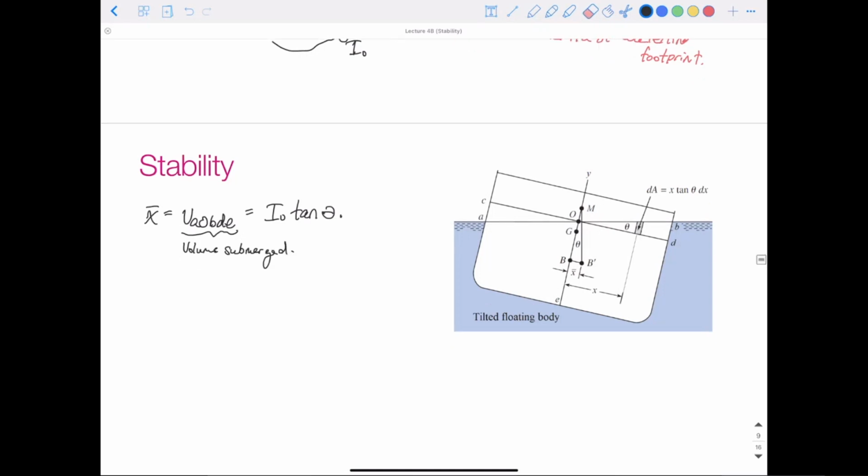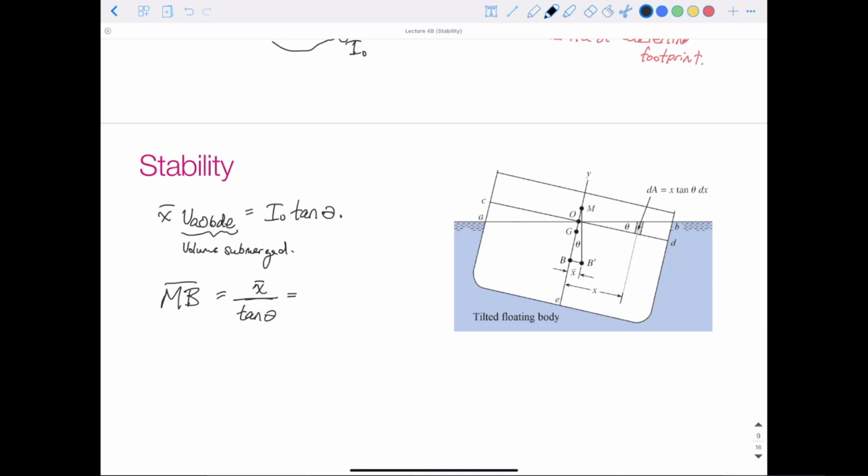Whoops, it's not equals, it's times. So we can say the line from M to B is equal to x bar over tan theta. I'll draw this bar a little smaller. x bar over tan theta, just by geometry.